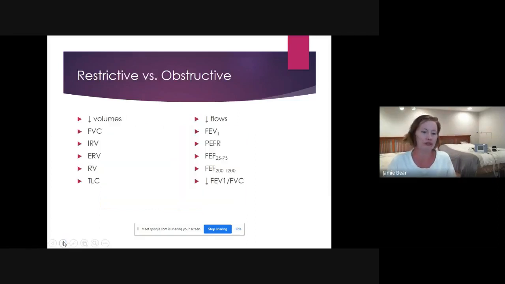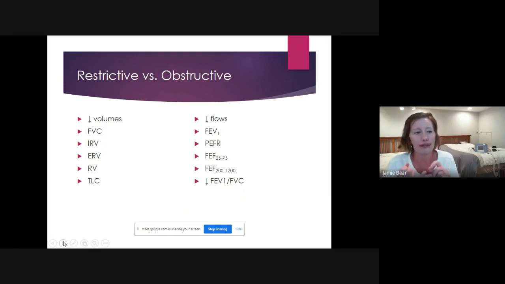Okay, restrictive versus obstructive characteristics. In restrictive disease processes such as ILDs, a pneumothorax, ARDS, you're looking at volumes that are measured to be lower.